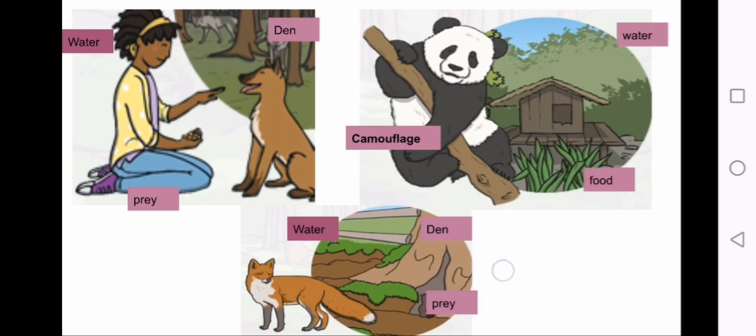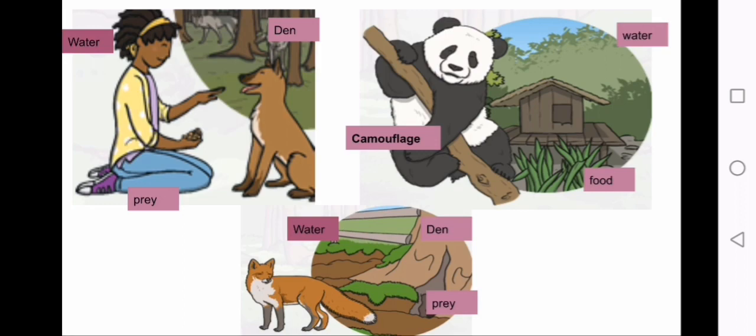Okay, what about foxes? What do foxes need in a habitat? They need water, a den, and prey. We said water to stay hydrated in all conditions, prey such as birds and mice, which means they will eat almost anything like insects, earthworms, fruit, berries, and food waste left by humans.